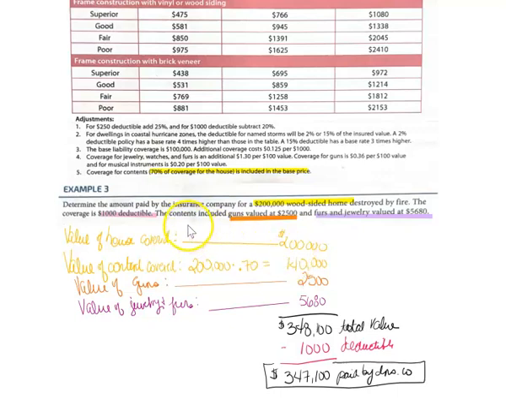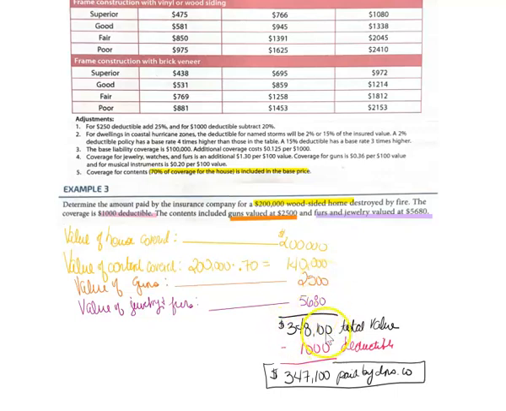So you have to figure out the value of the guns. The guns are valued at $2,500, and the value of jewelry inside the fire is $5,680, and they pay extra insurance for that. And they have a $1,000 deductible, which is in pink. So you add up all of the value that's covered, and so far it's $200,000 plus $140,000 plus $2,500 plus $5,680.